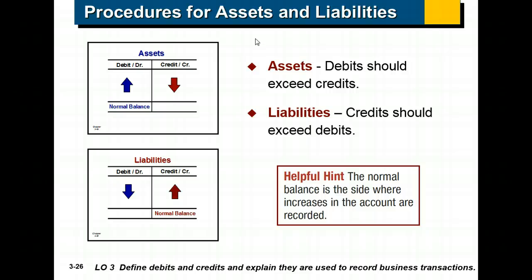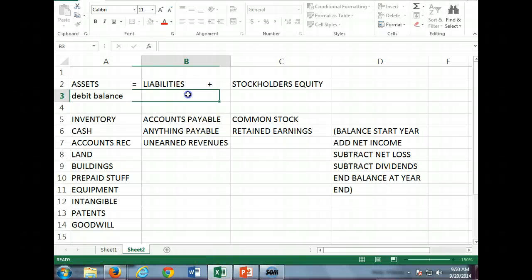They will. Liabilities, credits should always exceed debits. So in a liabilities section, this is going to be a normal credit balance. Okay?